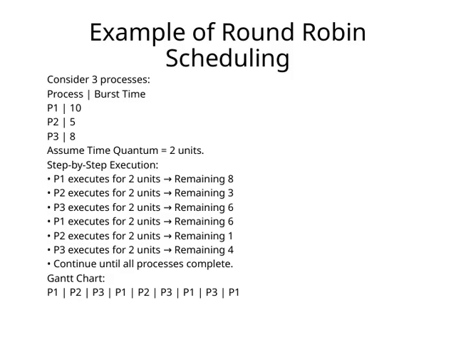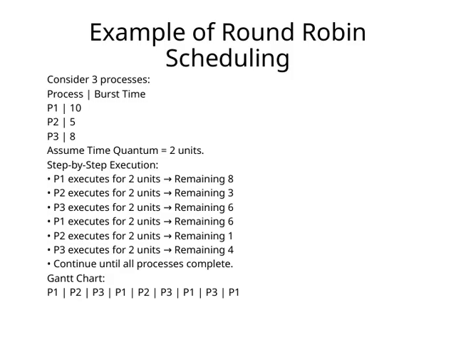We continue this cycle. Process 1 runs again for 2 units, now with 6 remaining, Process 2 for 2 units, leaving 1, and Process 3 for 2 units, reducing to 4. We keep repeating this process, cycling through the processes, each getting up to 2 units, until all processes have completed their execution.